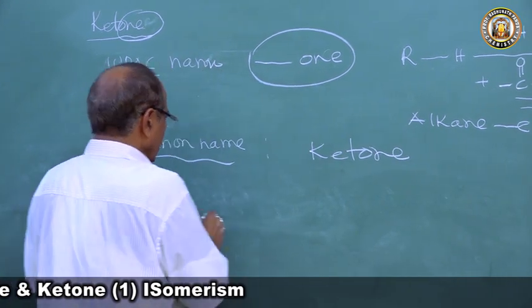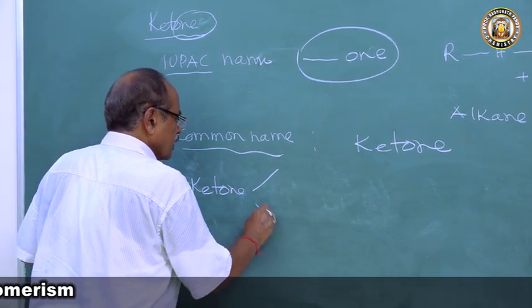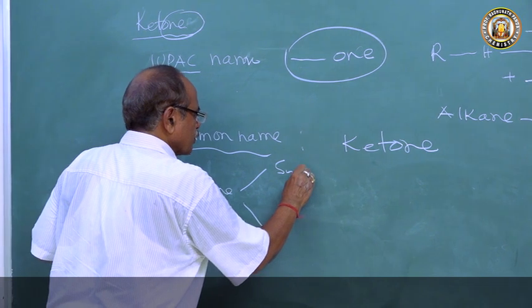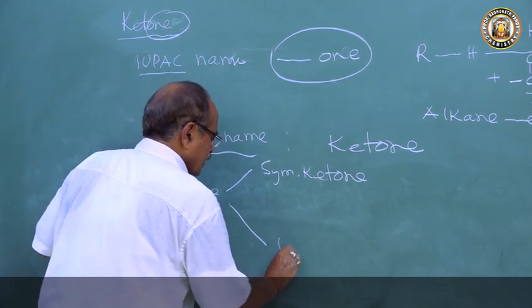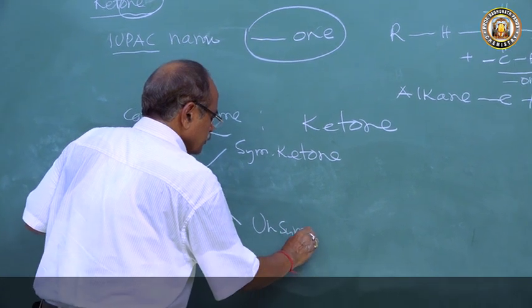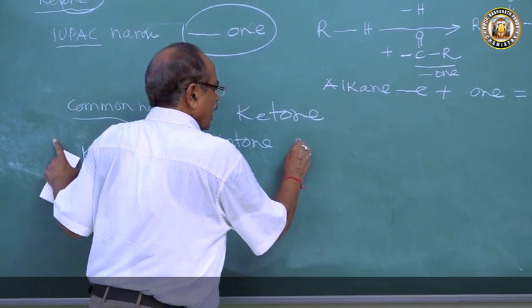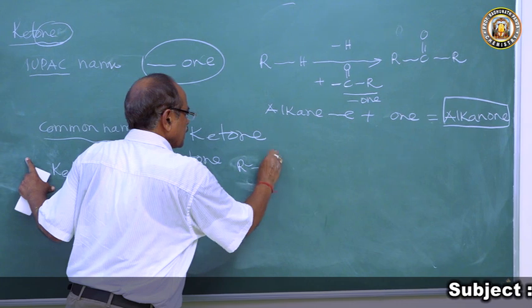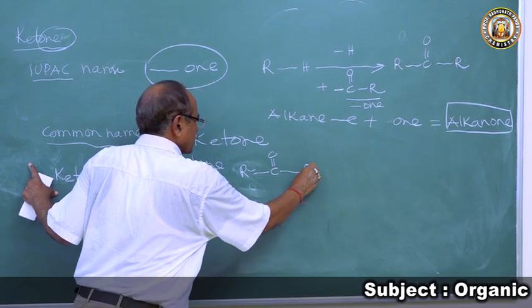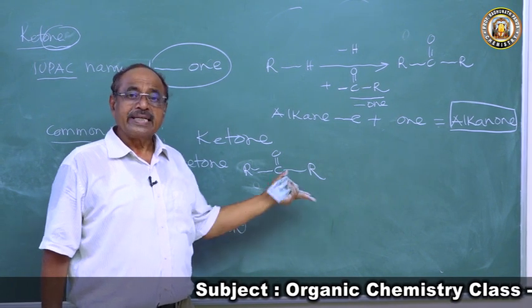The ketones are of 2 types: symmetrical ketone and unsymmetrical ketone. In a symmetrical ketone we have RCOR, where both alkyl groups are similar, so it is called a dialkyl ketone.